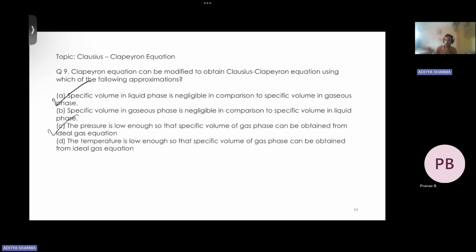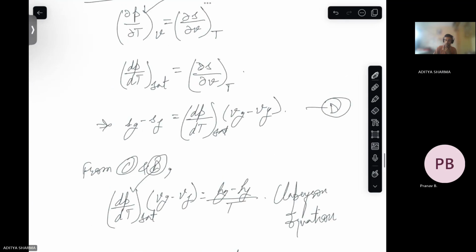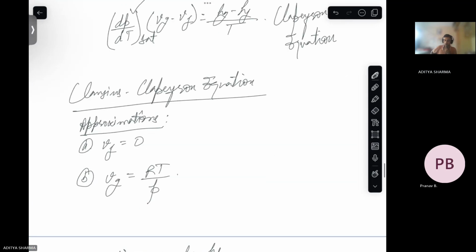That I have already also written while I was discussing Clausius-Clapeyron equation. So first approximation, if you see A point, is that specific volume for fluid or liquid is zero or negligible in comparison to V subscript G. And then B point is that specific volume of gaseous phase, we can obtain using ideal gas equation.